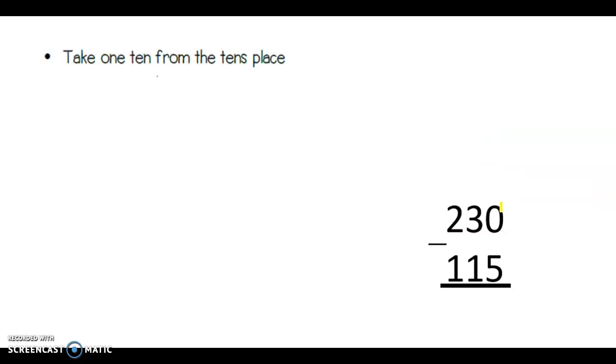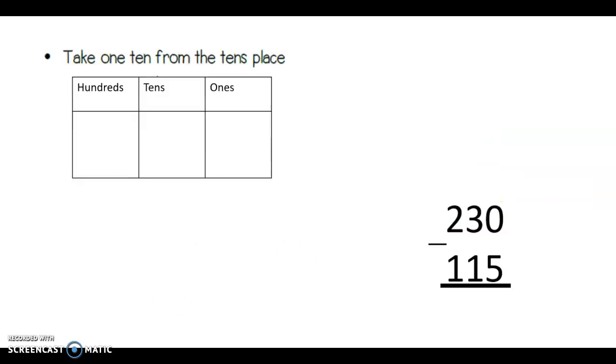All right, so the first thing we're going to do is take 1 ten from the tens place. So let's model our number. We have 230. And right now, I have 0 ones. I've got to bring that 10 over.